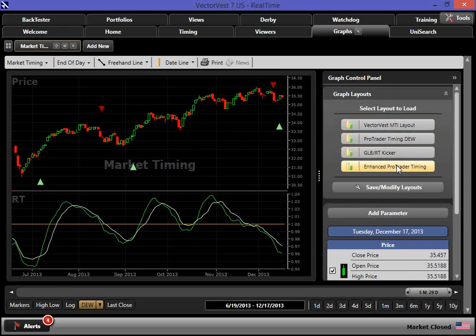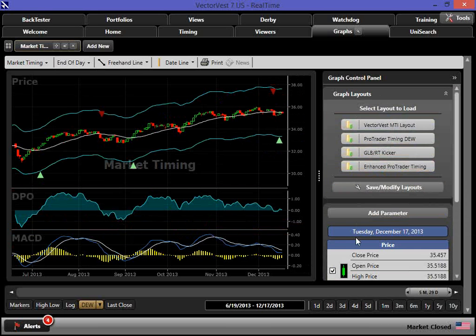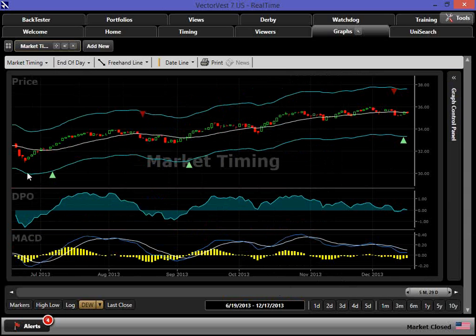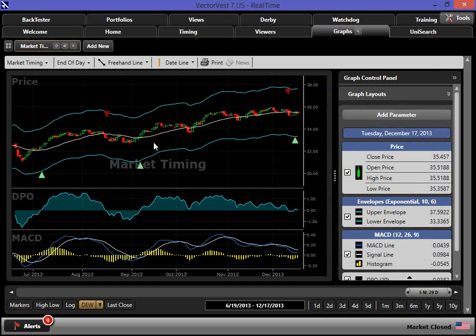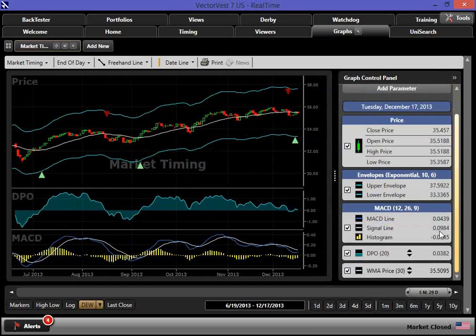And this signal is derived by looking at a couple technical studies. We're still looking at the VectorVest composite price, but we've applied two technical studies, the detrended price oscillator, and you can see them here in the layout bar. The detrended price oscillator is right here.